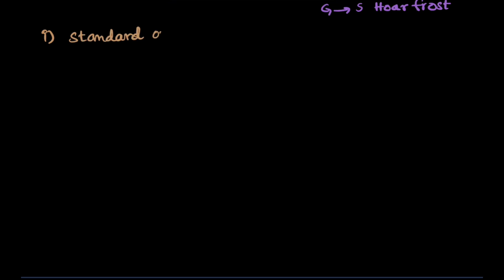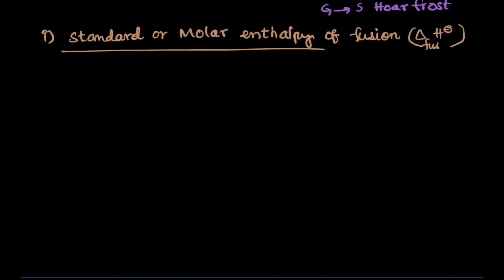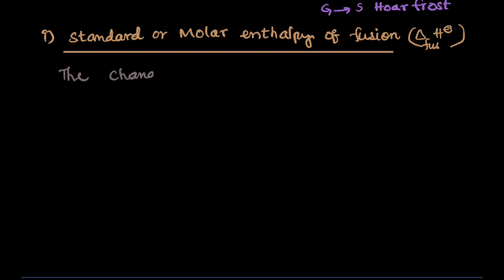Then one of the first definitions here is the standard molar enthalpy of fusion. What is fusion? Solid converting into liquid. That is represented as delta fus H standard state. From now onwards, whatever we are discussing is per one mole and under standard conditions.